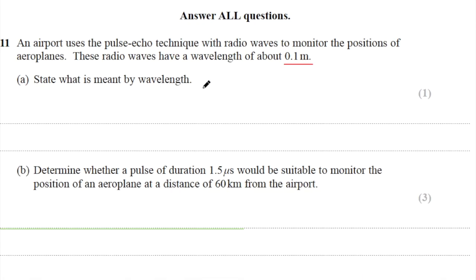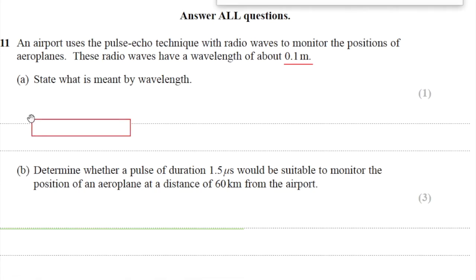Yes, it is easy. But the definition that you have learned in IGCSE is that wavelength is the length occupied by one complete wave. But I would say for Edexcel or for AS level, please write this definition, which says it is the distance between two adjacent points which are in phase with each other.